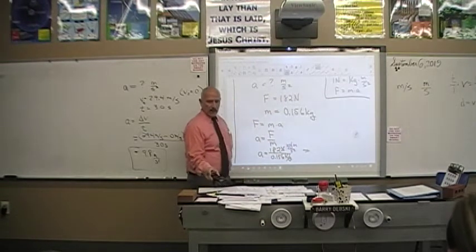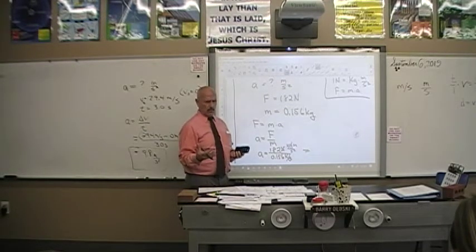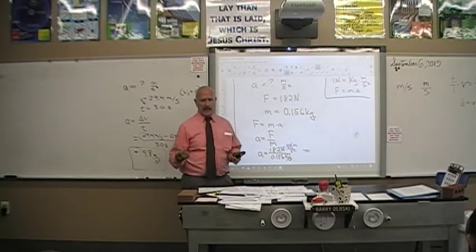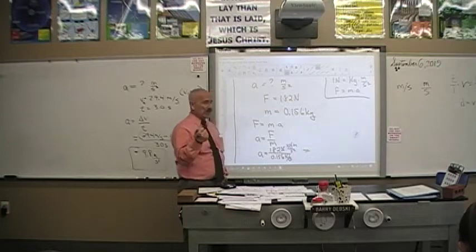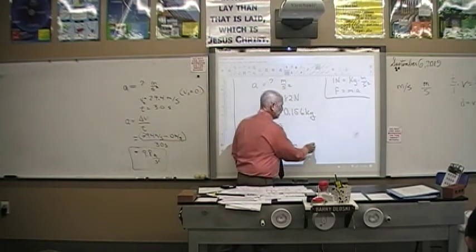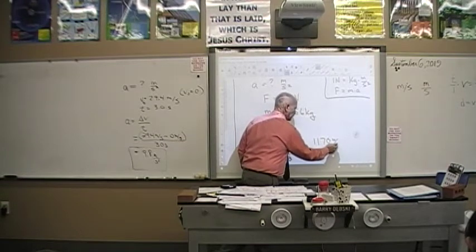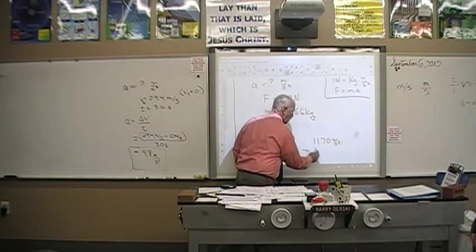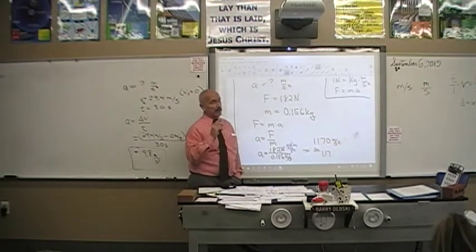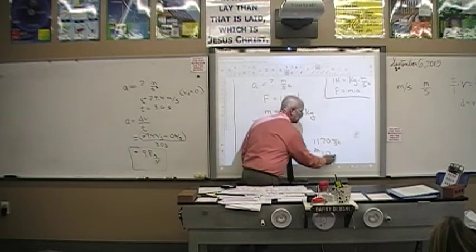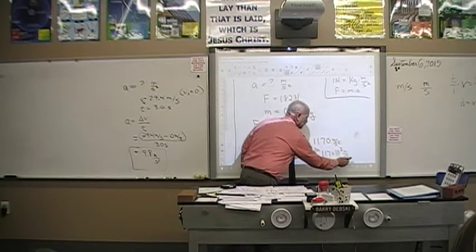And it looks like 1166 is going to round to what? 1170, okay? 1170. Now I can leave it like that, or I can change it into scientific notation. Both would be correct. Or 1.17, don't include the 0, otherwise you'll have 4 sig figs, times 10 to the third meters per second squared.